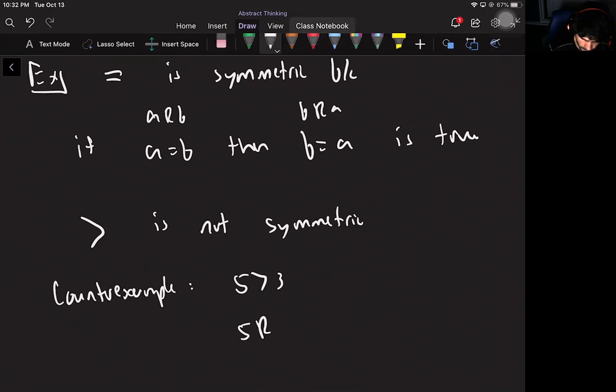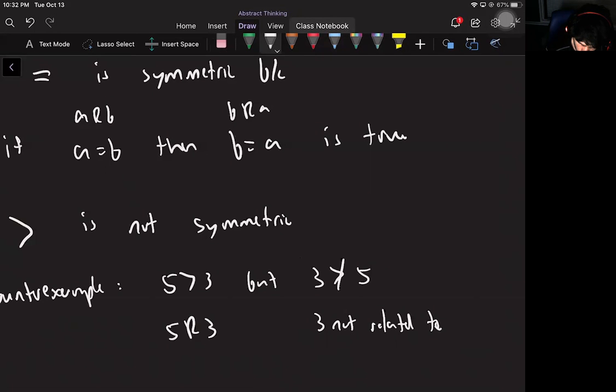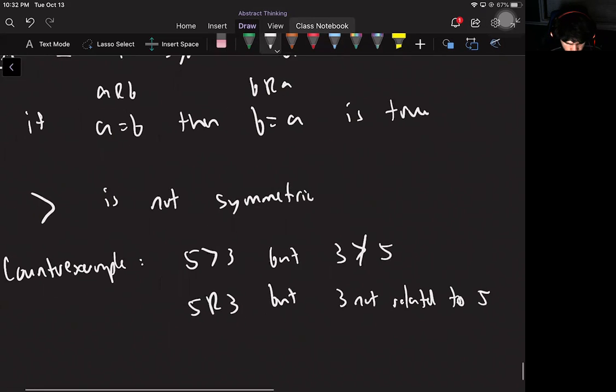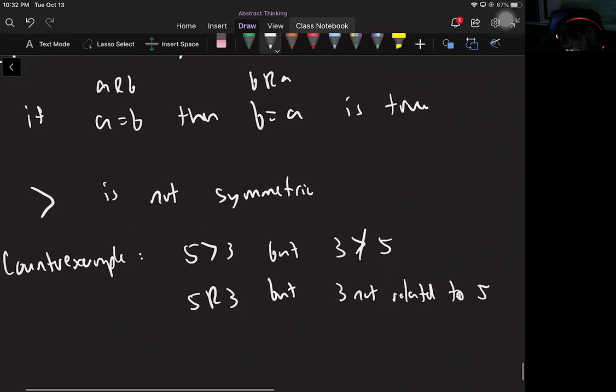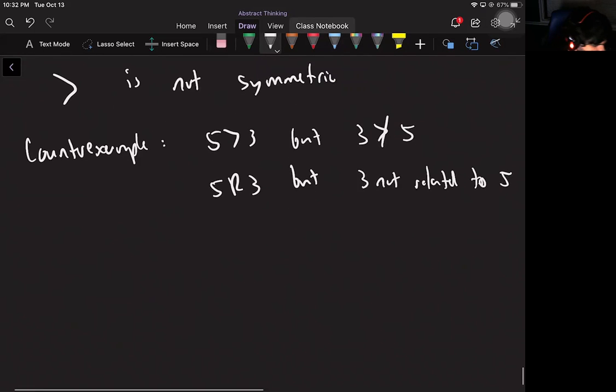I found that 5 is related to 3, but 3 is not related to 5. 3 is not bigger than 5. So it's not symmetric because I found a situation where the hypothesis is satisfied, but the conclusion I wanted did not follow.